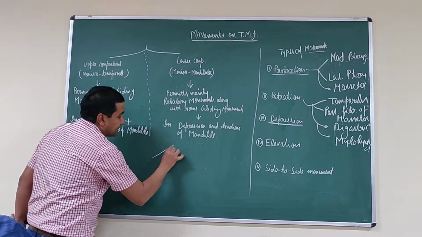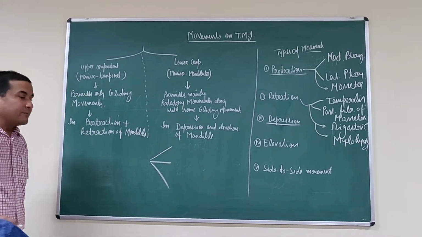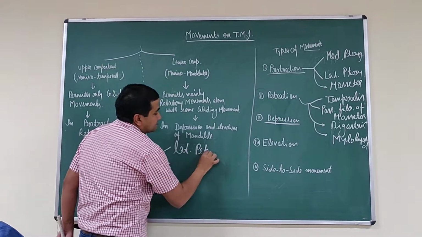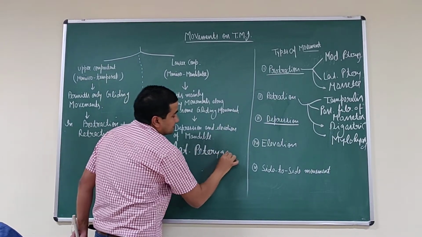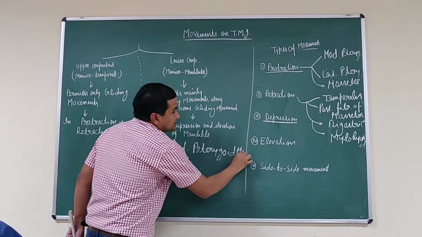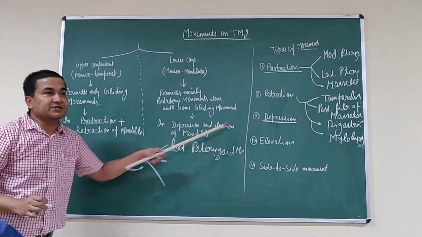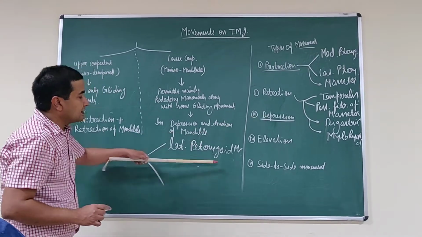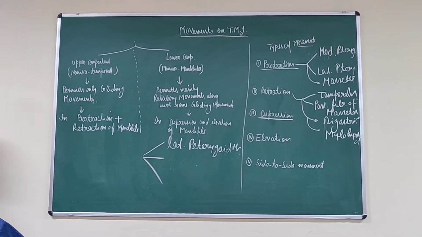Only one muscle of mastication depresses the mandible, the lateral pterygoid muscle.